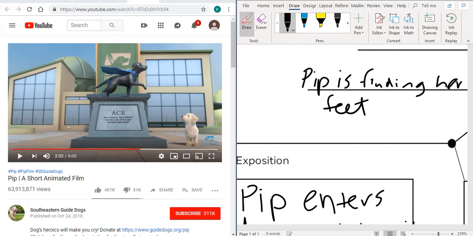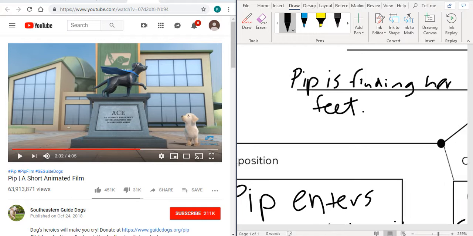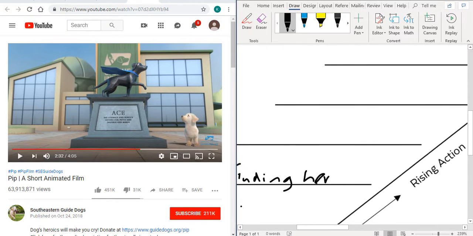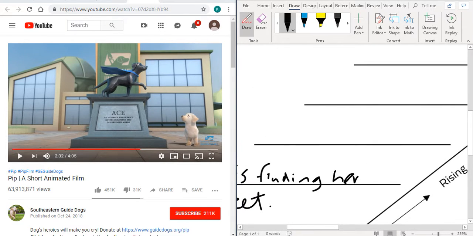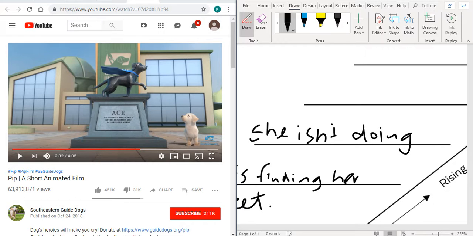It's very difficult to write on here. Alright, the next one is that she isn't doing so well in her studies. I guess then she gets inspiration from Ace.